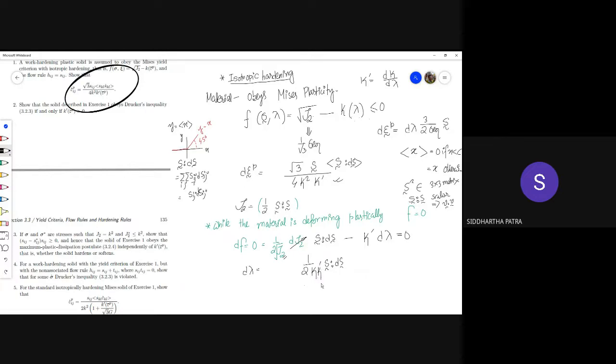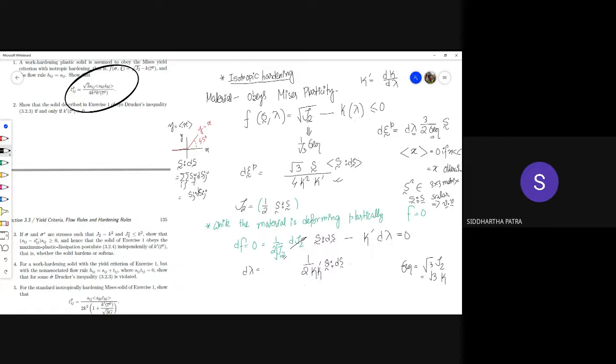Now you need to substitute this expression over here, and also substitute that sigma equivalent is root 3 J2, which basically means root 3 times k.